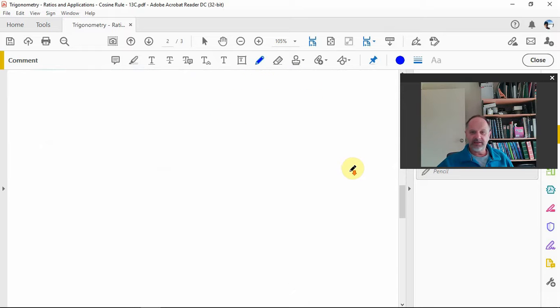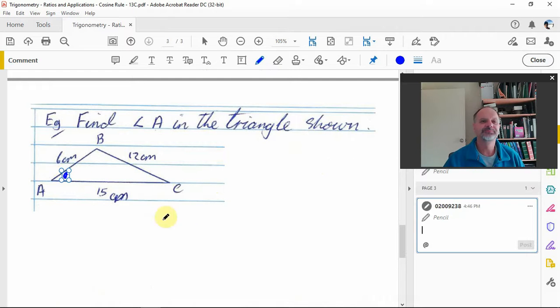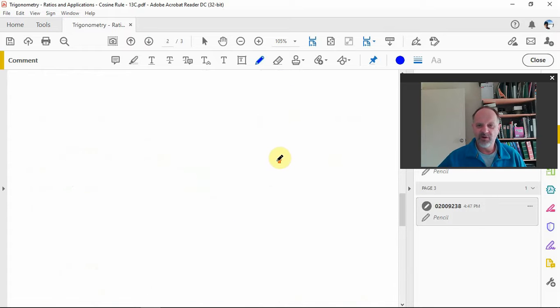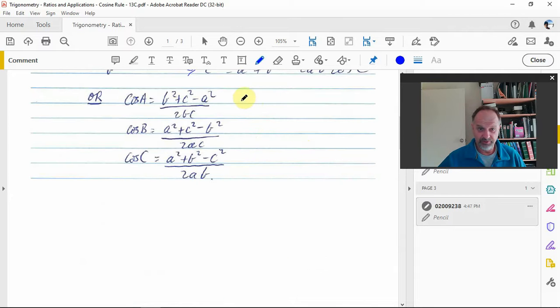All right, the next, if we're wanting to find an angle. So it says find angle A. So we're wanting to find this angle down in here. And when we find angle A, we're going to use this version here.